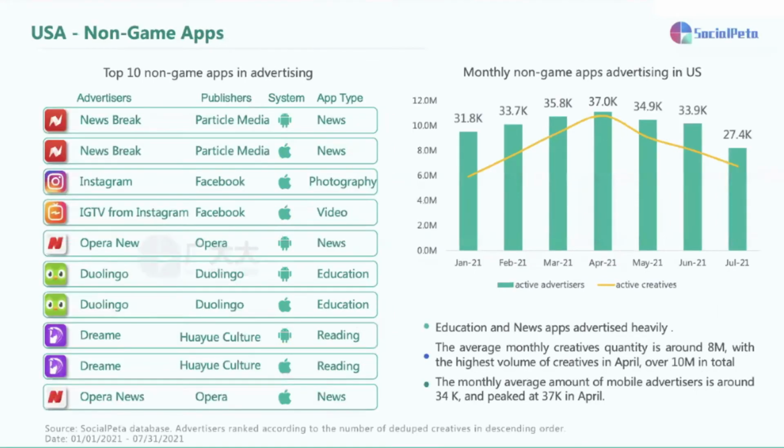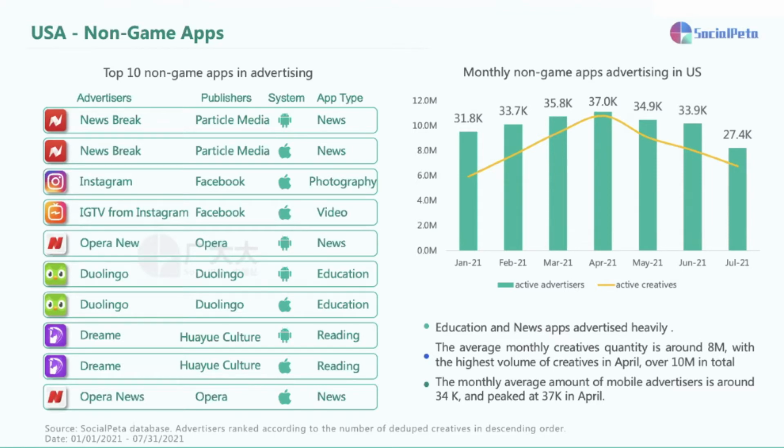Let's take a look at the US situation. We can see that the casino game category dominates the chart. And the interesting thing is that many of the top advertisers are from Chinese studios. And we can see that the average monthly creative quantity is already over 6 million, making the US the top country by creative quantity.